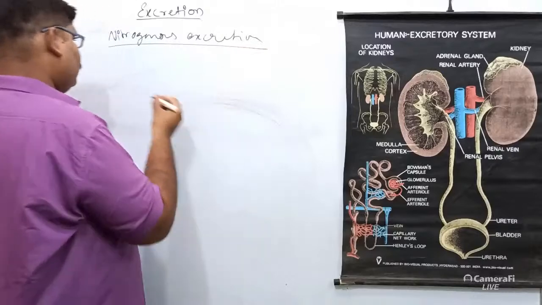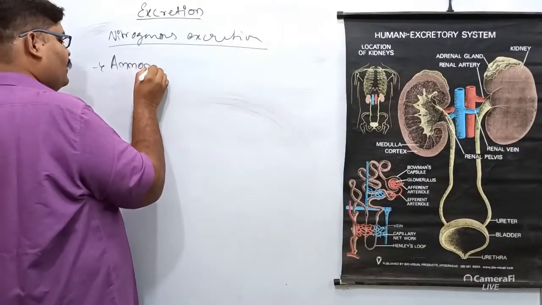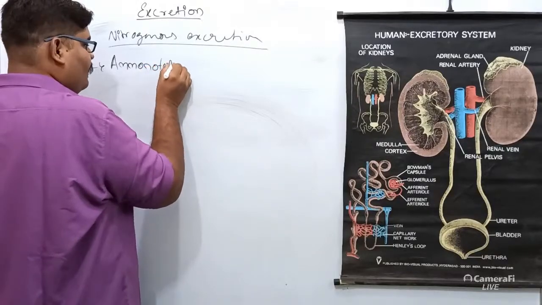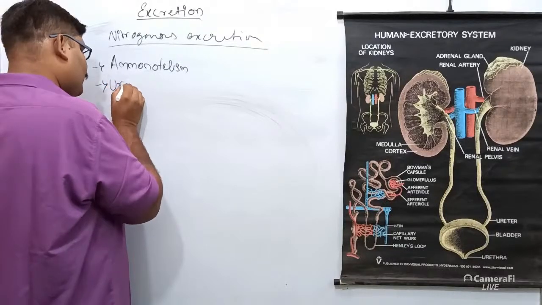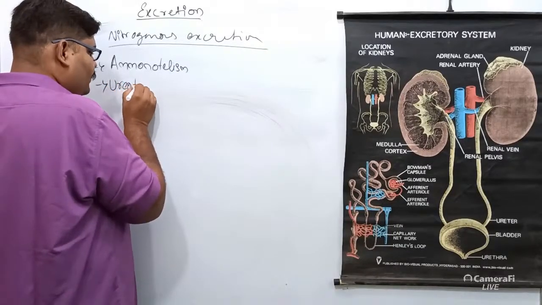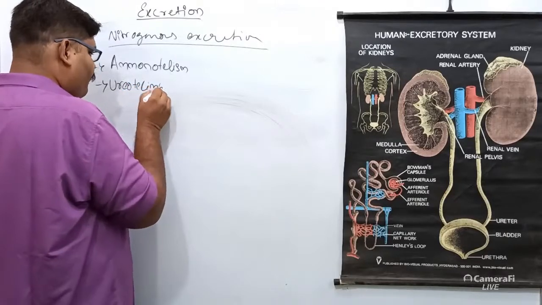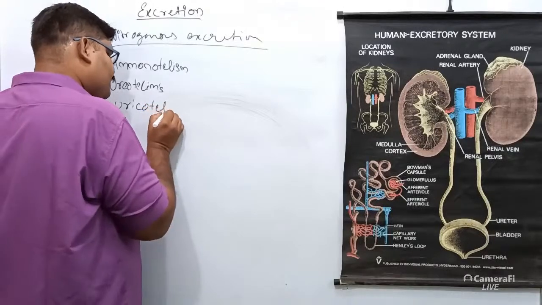Nitrogenous excretion. The first one is ammonotelism, then ureotelism, then uricotelism.